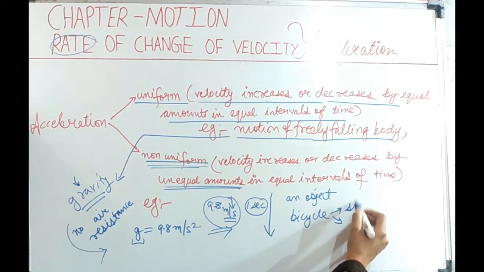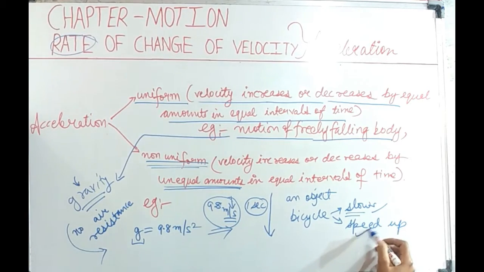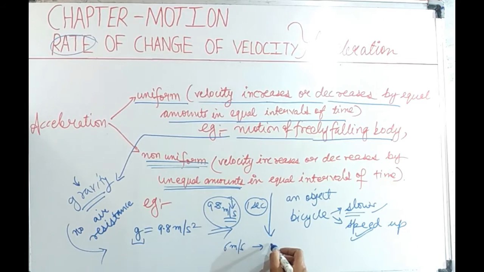Sometimes he will slow down and sometimes he will speed up. So sometimes he is increasing the velocity and sometimes he is decreasing the velocity by unequal amounts. Let's say earlier it was moving with 6 meter per second, then it slows down to 4 meter per second, then again it increases its velocity to 8 meter per second.